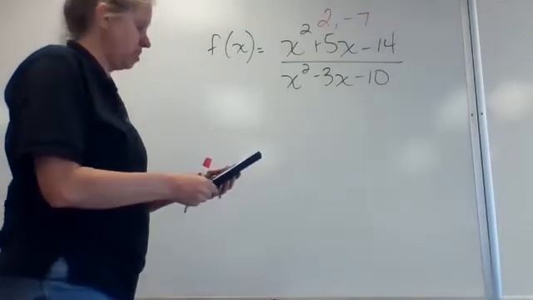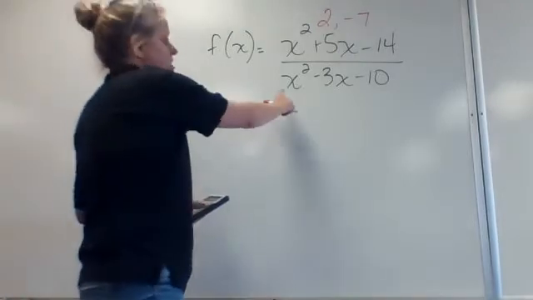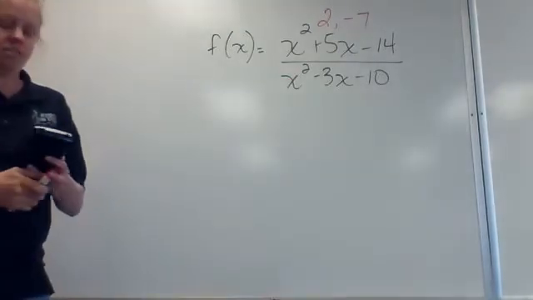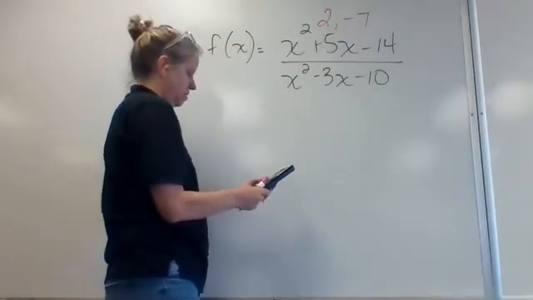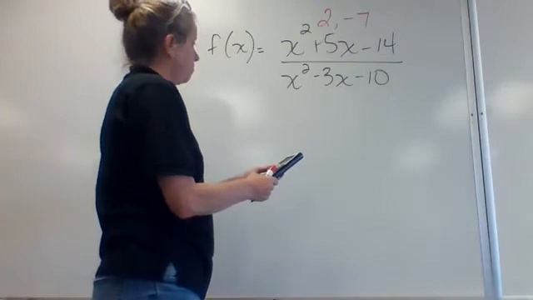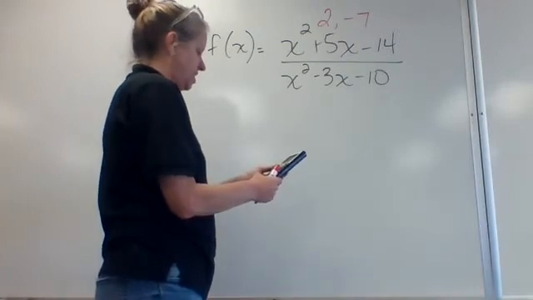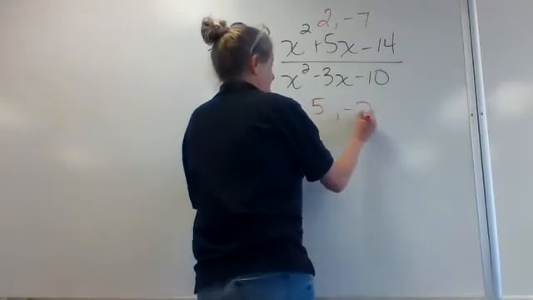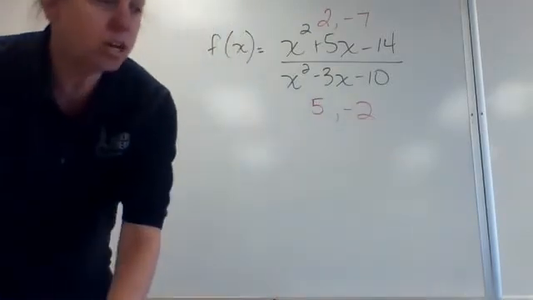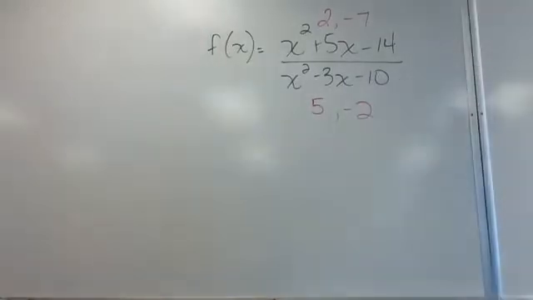Now let's find the zeros of the denominator. Again, since it's x squared, I'll use quad. My A is 1, my B is -3, and my C is -10. So the zeros of the denominator are 5 and -2. Are any of the zeros in the numerator the same as the denominator?